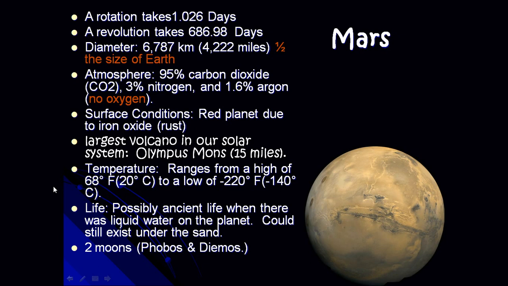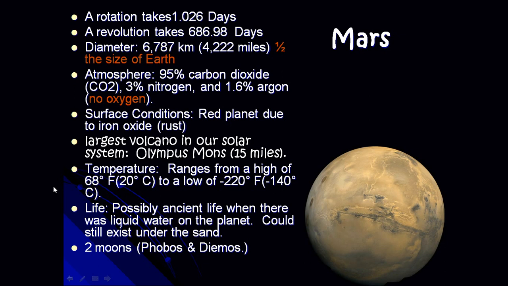Now, as far as life, Mars is one of those unique planets that's believed to have once contained water. And so there was a possibility, and even now there's a possibility, because there may be water under the sand, that Mars may be able to support life.